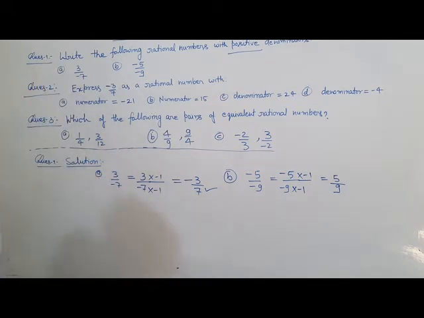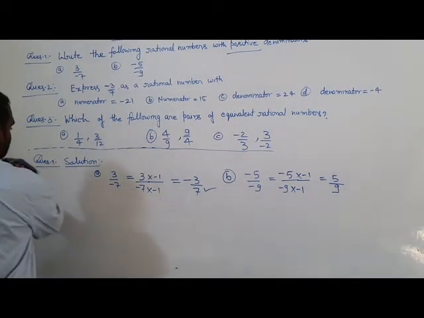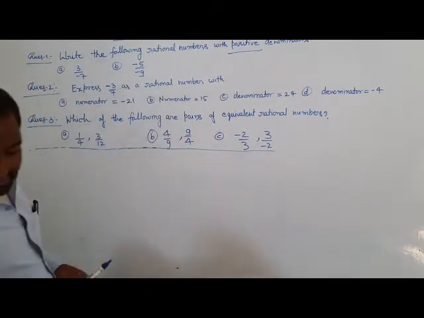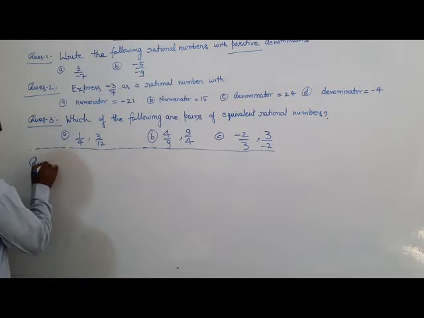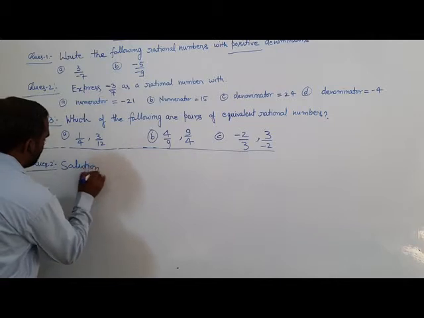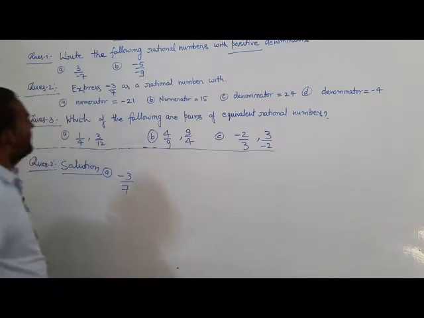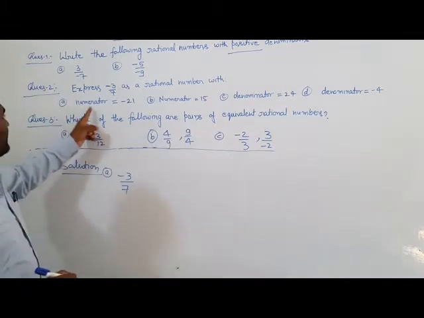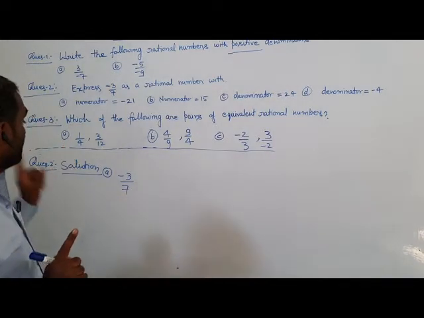Let us take the second question. Solution A: minus 3 by 7. Express minus 3 by 7 as a rational number with numerator minus 21.